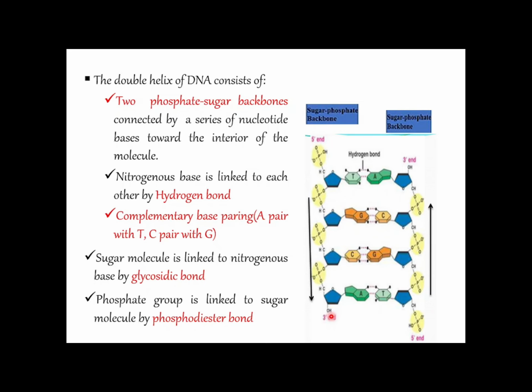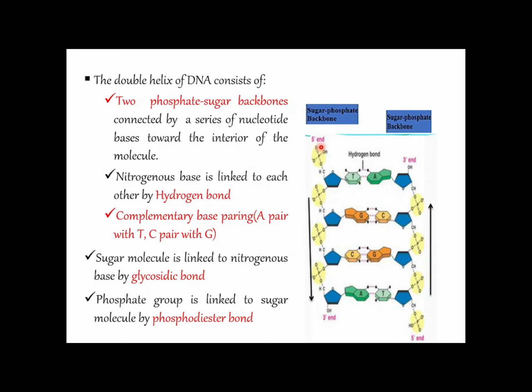The free hydroxyl group is available, so a new nucleotide comes and attaches here, then another comes and attaches, and another, and another. In such a way, it forms a polynucleotide.